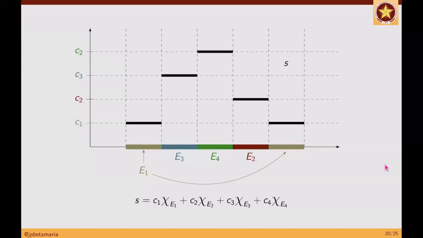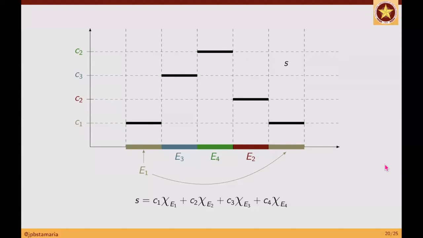Halimbawa, pag nag-throw ka ng die, random, let's say balanced die. Tapos kunwari, yung random variable X mo ay yung result when you throw a die. Ang possible values nun, 6 lang. 1, 2, 3, 4, 5, 6. Naintindihan nyo? Okay.